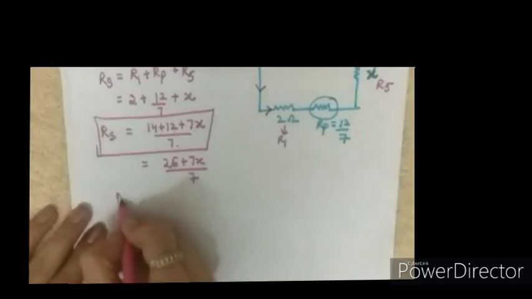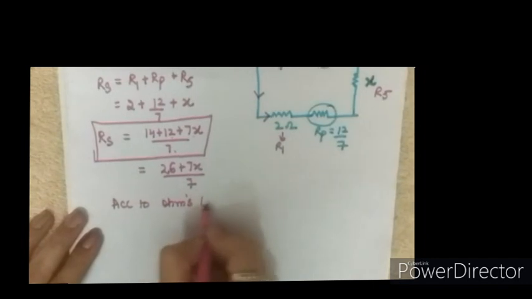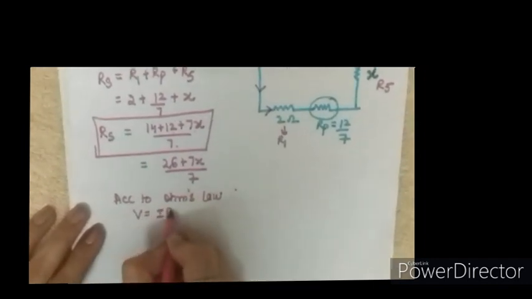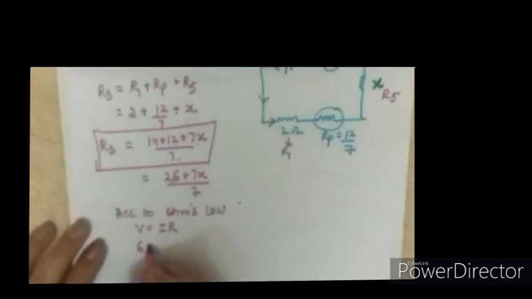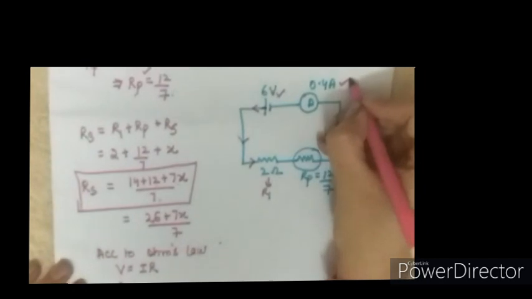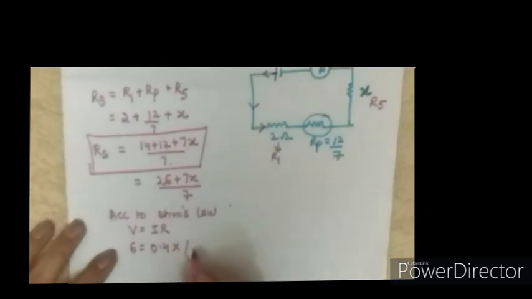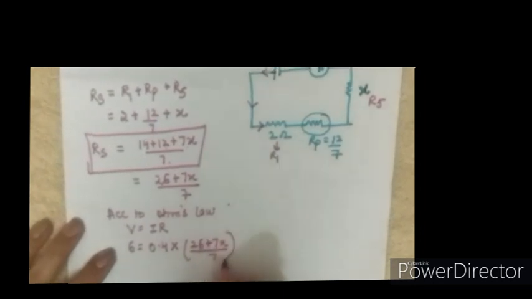Now, according to Ohm's law, V is equal to IR. Here V is 6 volt, I is 0.4 amperes, and R is (26 plus 7X) upon 7.